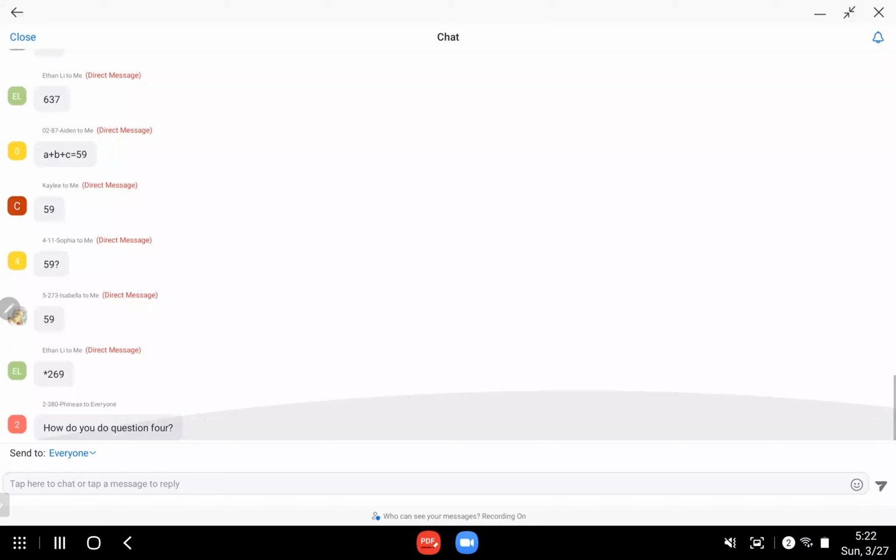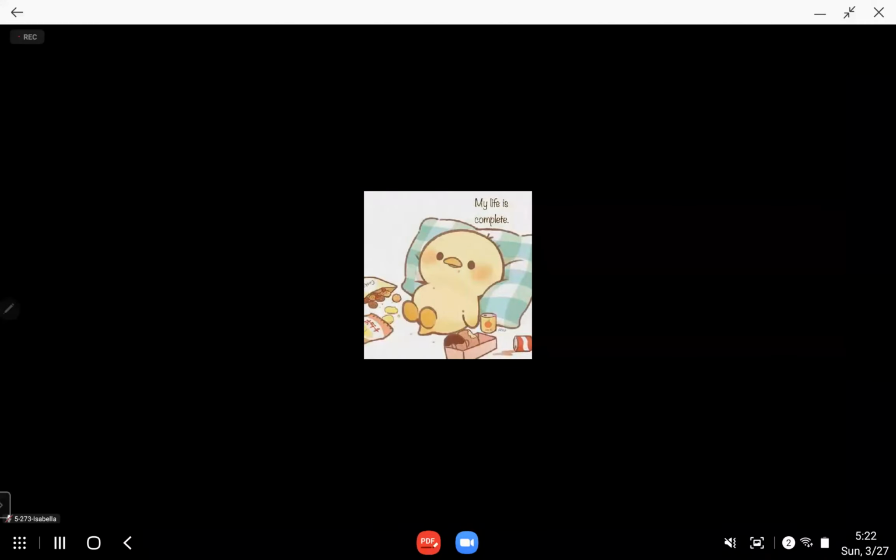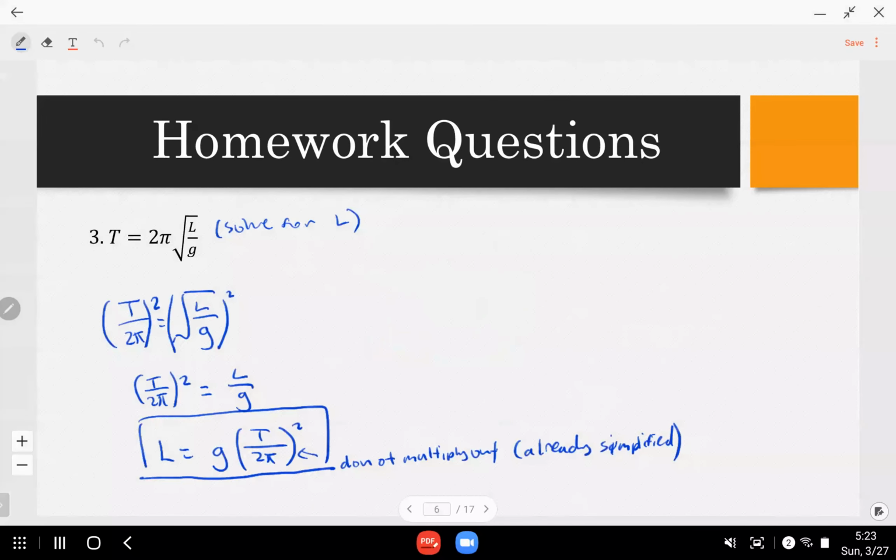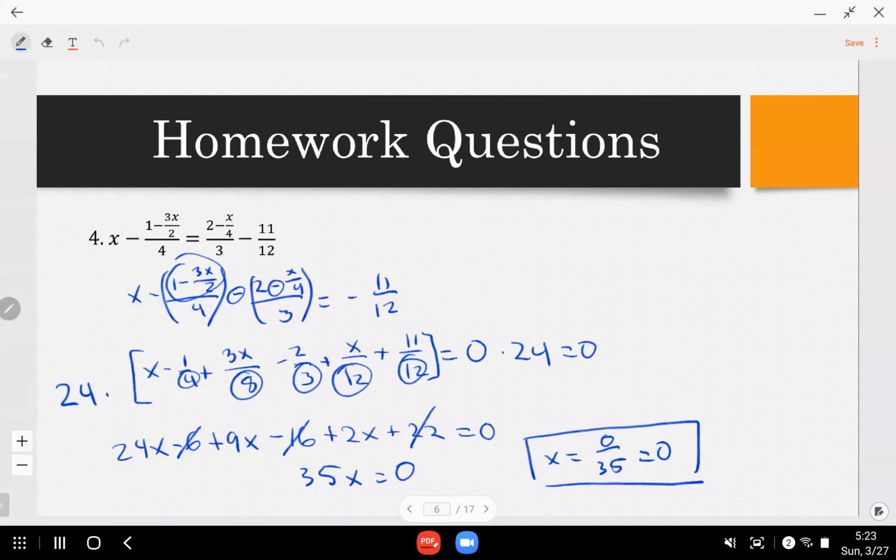Oh, how do you do question 4? I'll go back to question 4. Question 4 is actually not that hard. You just move this and this to the other side, right?